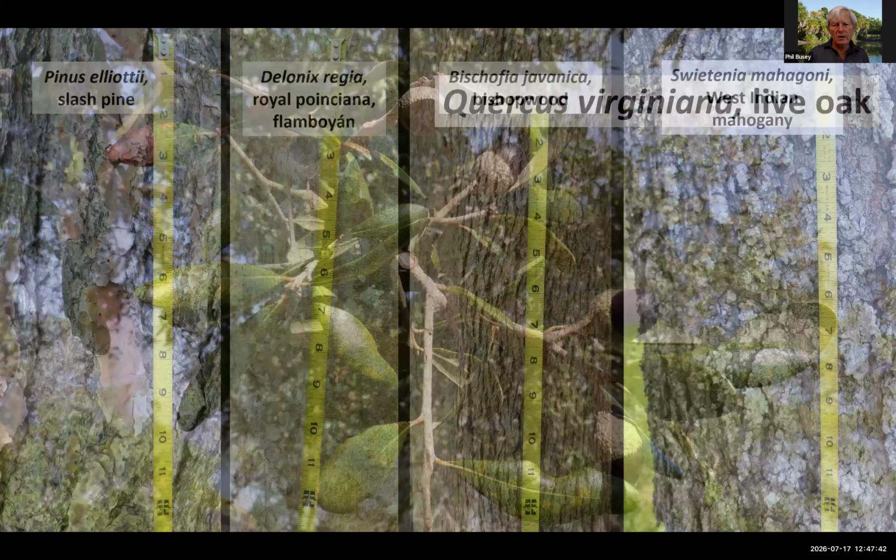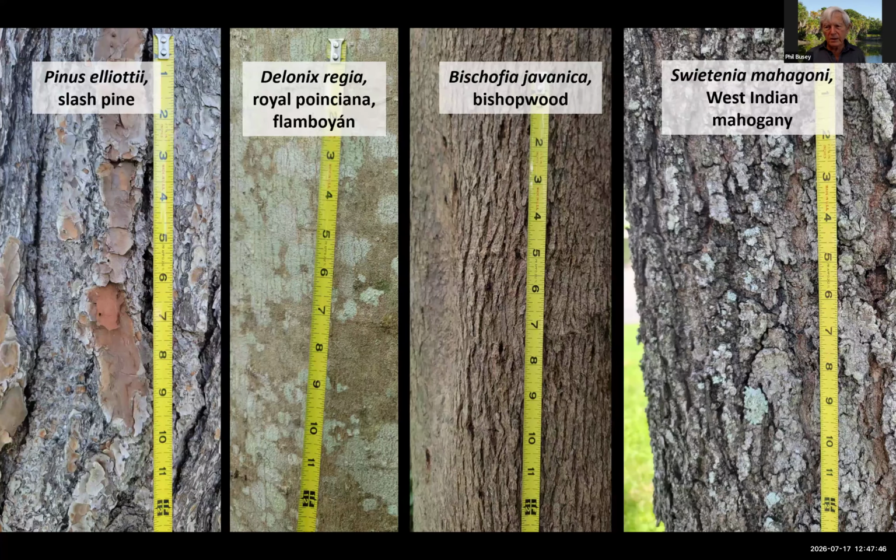Here are other species of trees. I took these at Treetops Park a few days ago. Notice the Swietenia mahagoni, the West Indian mahogany on the far right. It has a very sharp and rough bark, and it certainly has ridges and crevices, but the ridges are more flat-topped.